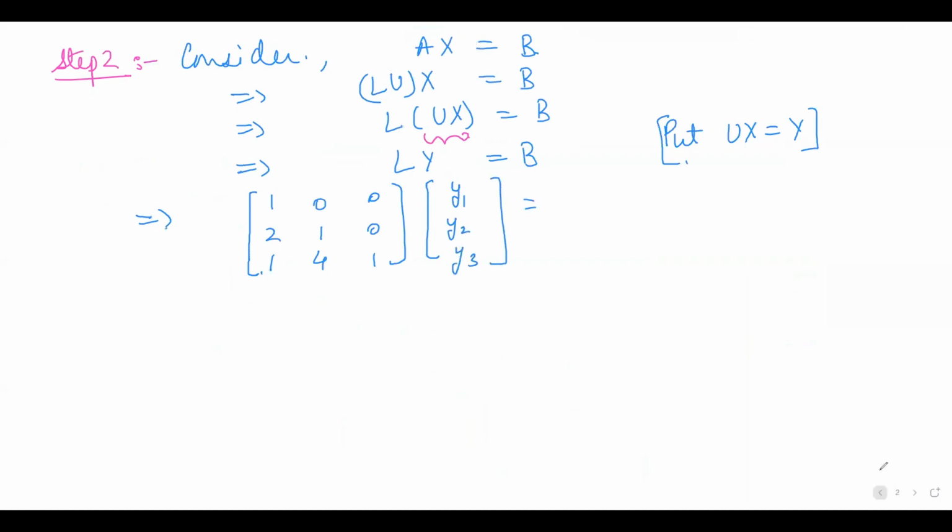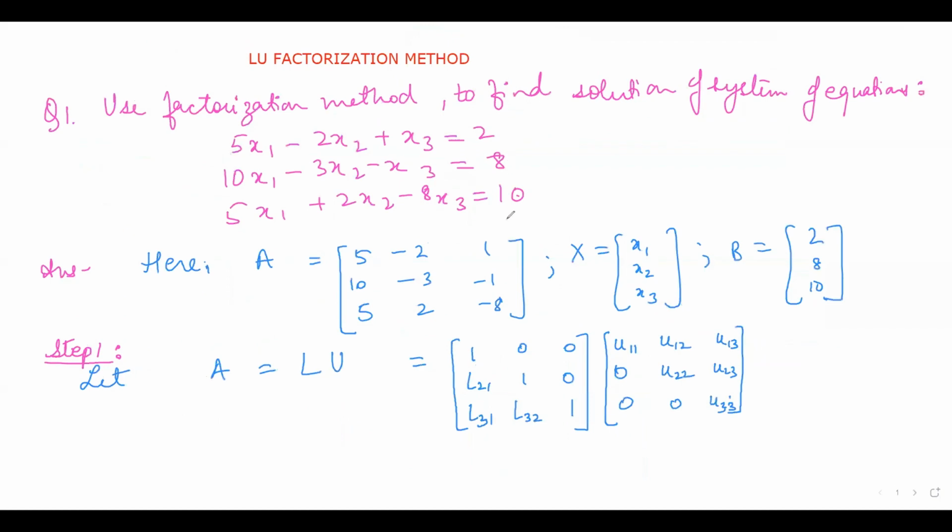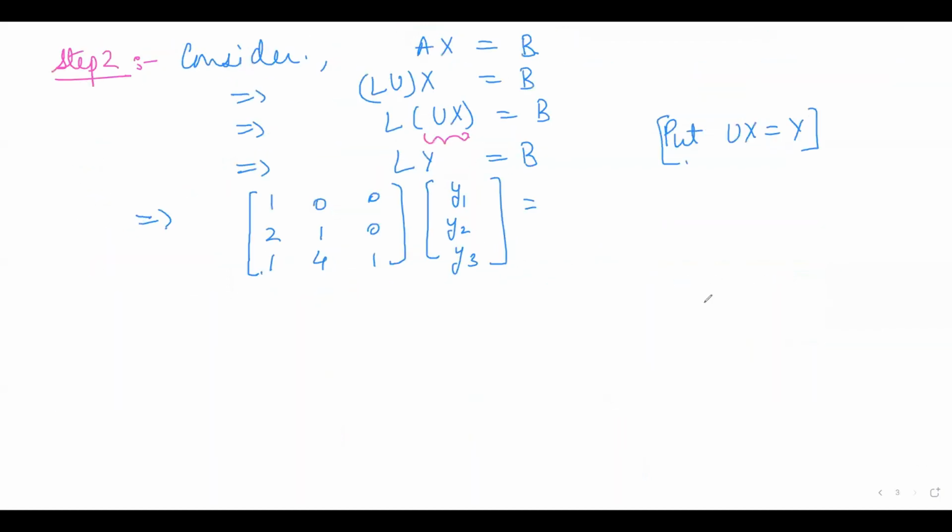B is given to us in the question, that is 2, 8, 10. Because this is a lower triangular matrix, I'll be using the forward substitution.